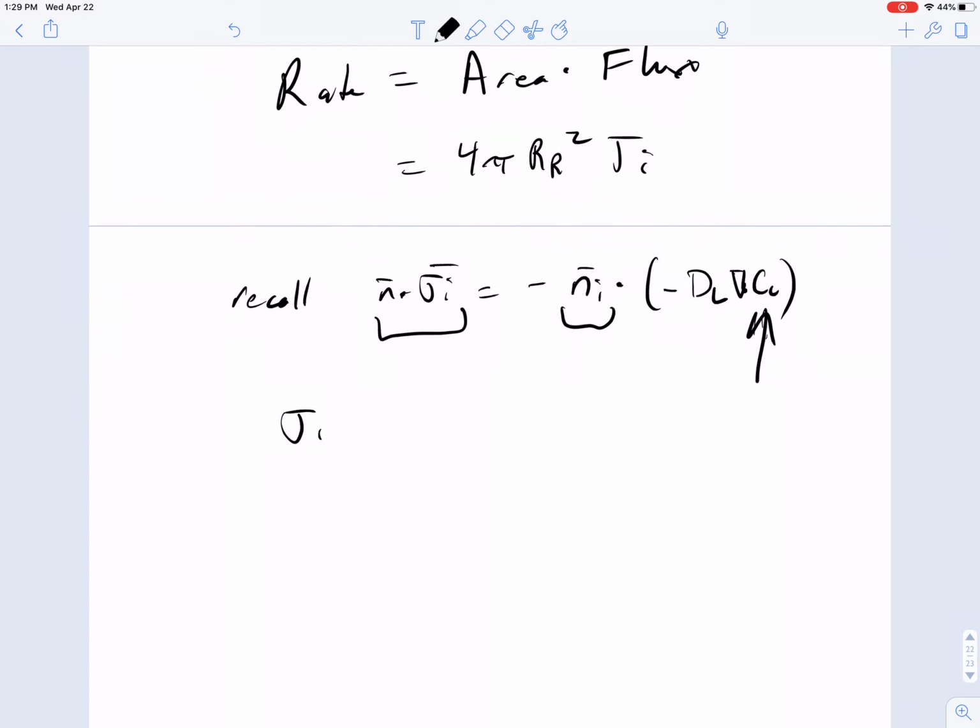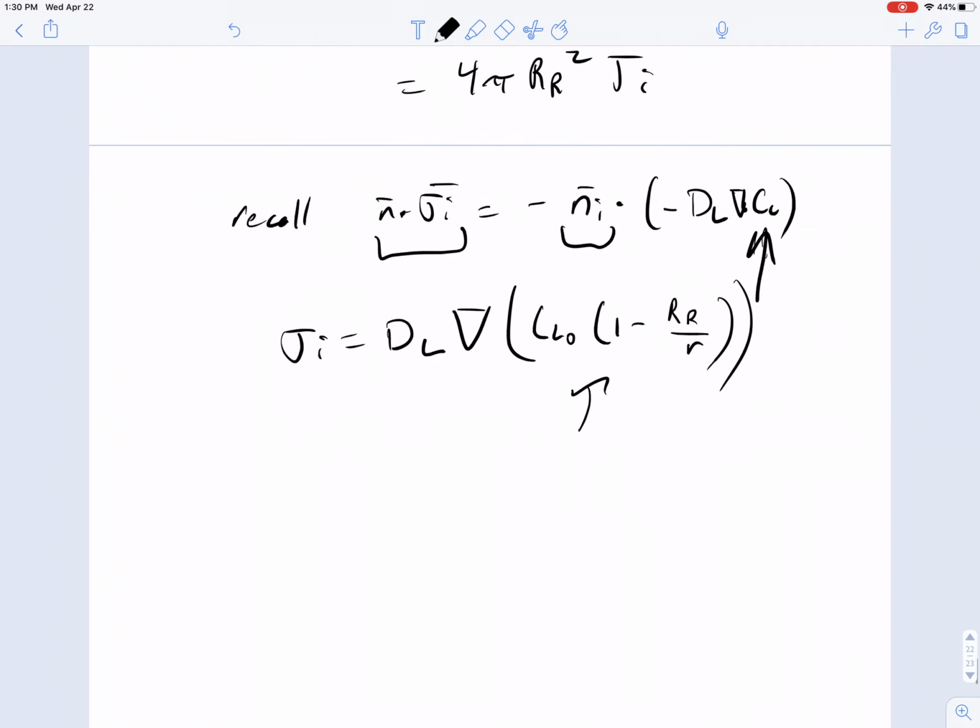We have Ji equals DL, the diffusion of the ligand, gradient of CL0 times 1 minus the radius of the receptor over r. This is the solution that we had earlier for our equation, and this has to be calculated at position r.